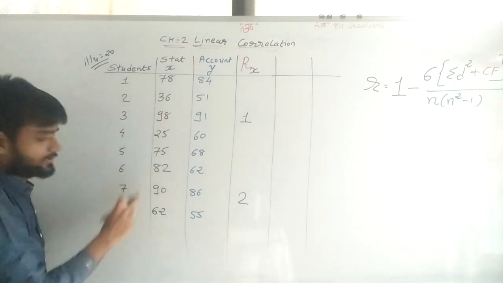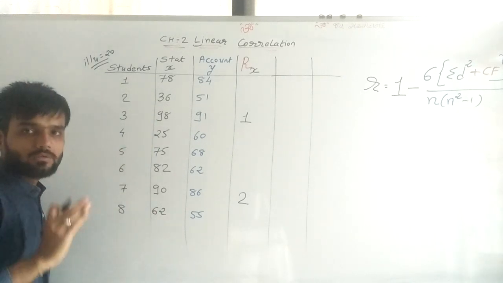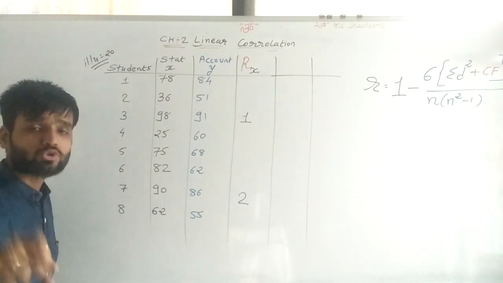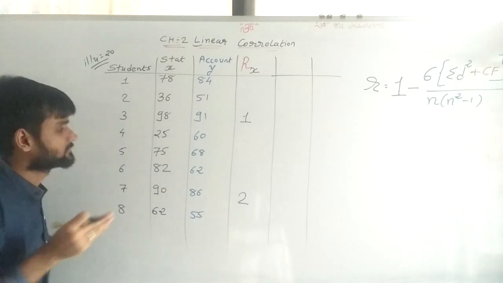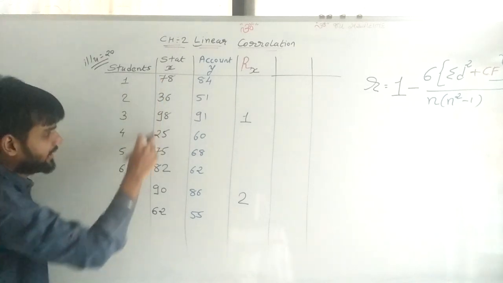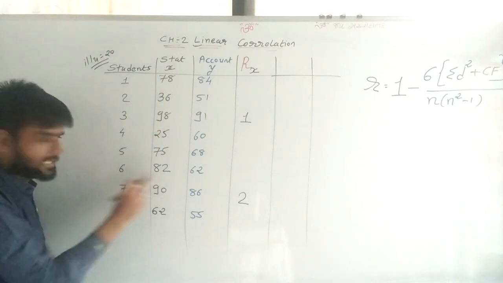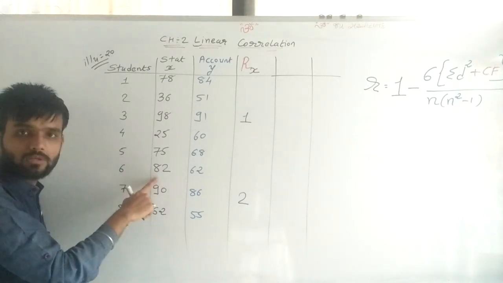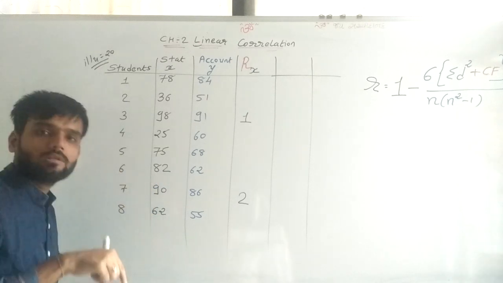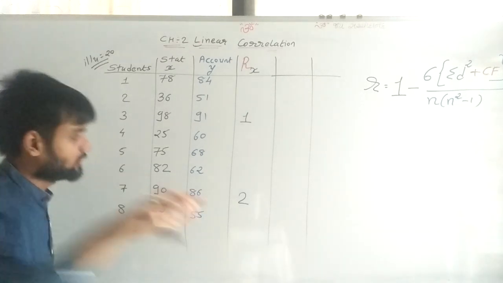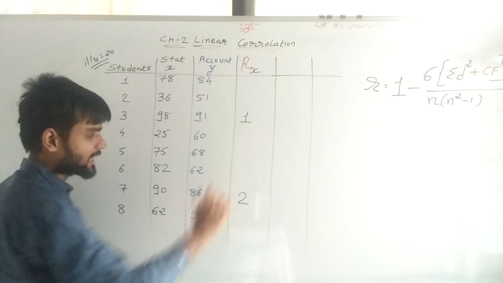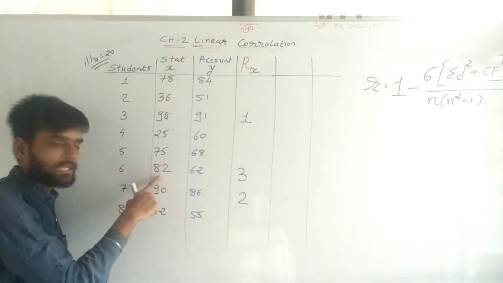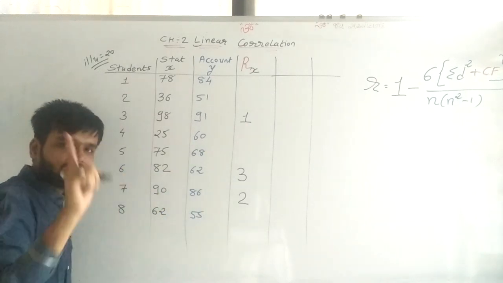Only 2 students are getting 90 or more marks. Now check the 80s line. Sir, the 6th student, only 1 student is there, 82. So its rank is third rank. So first rank completed, second rank completed. Now the 6th student getting 82 marks, its rank is third rank.